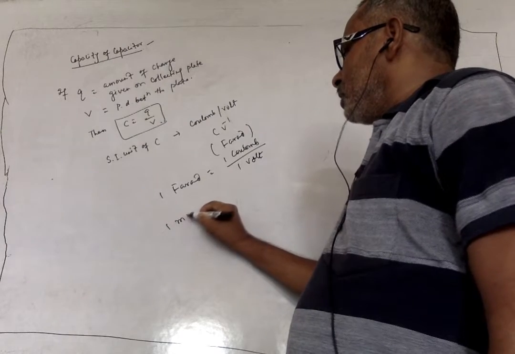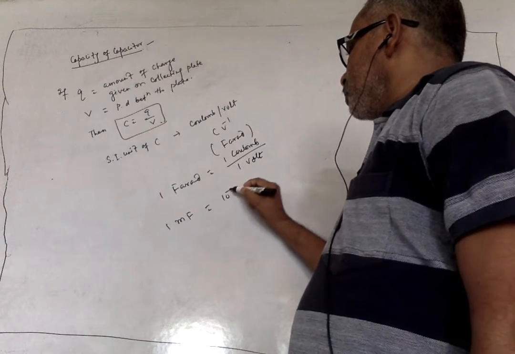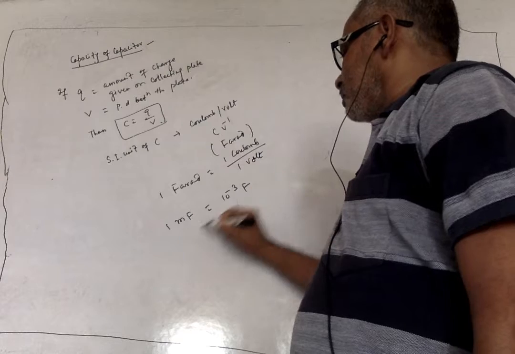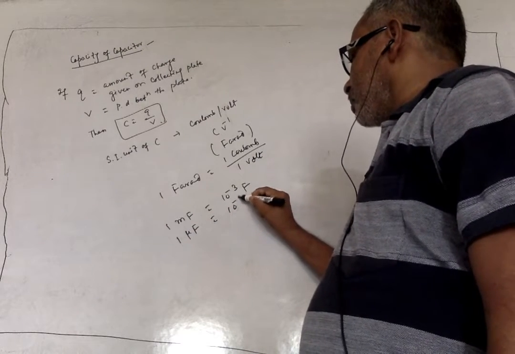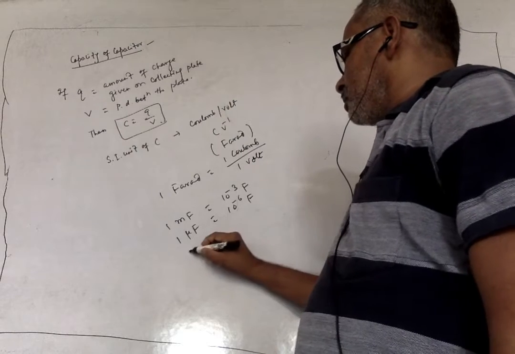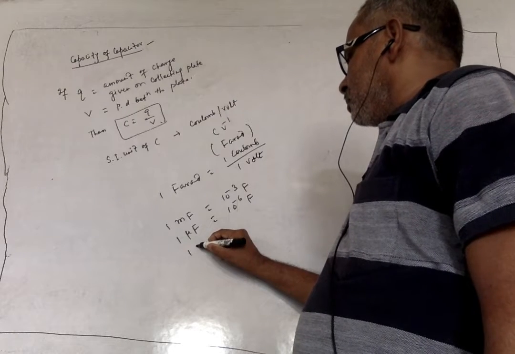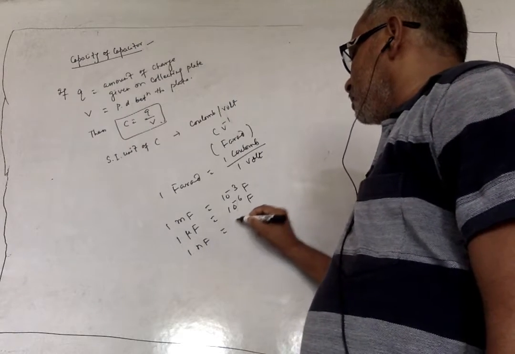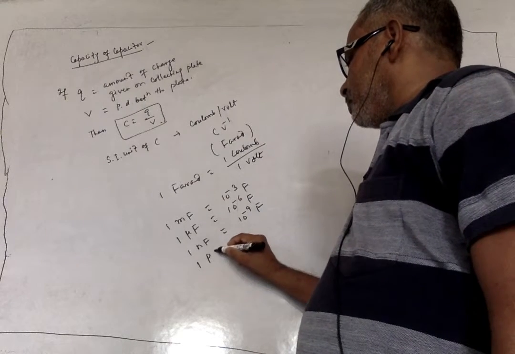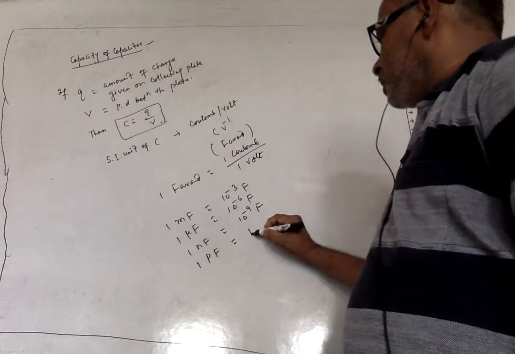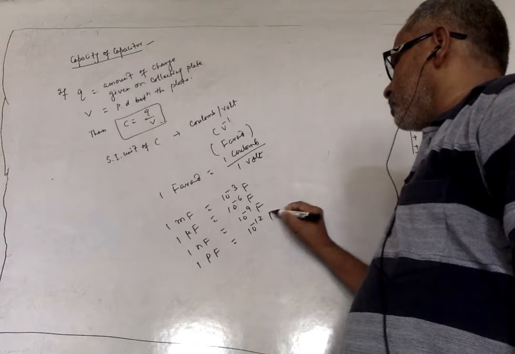1 millifarad is 10 to the power minus 3 farad. 1 microfarad is 10 to the power minus 6 farad. 1 nanofarad is 10 to the power minus 9 farad. 1 picofarad is 10 to the power minus 12 farad.